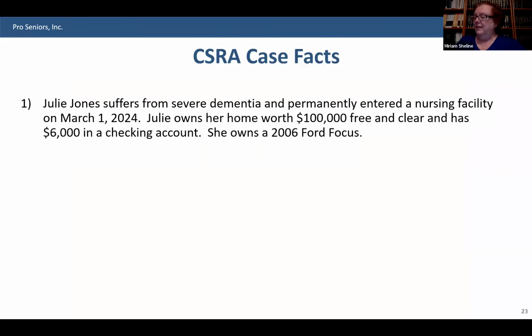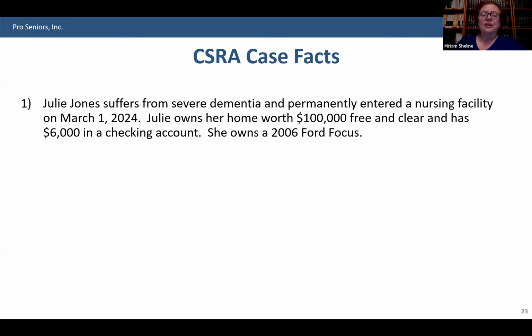So let's look at some case facts here. For those who recall our couple, Julie and Jim, Julie suffers from dementia and permanently entered a nursing home on March 1st. She owns her home worth $100,000 free and clear.